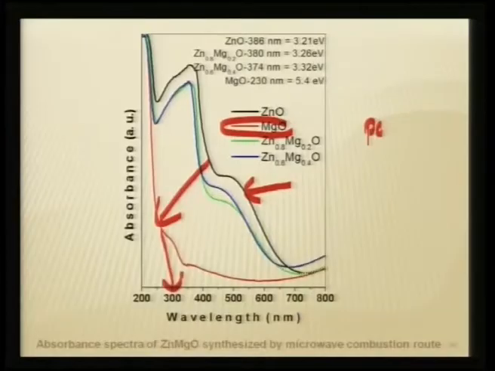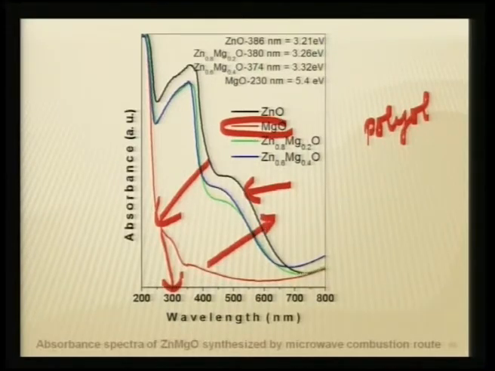And I want to again emphasize this point that in polyol route the band edge is shifting towards the red, and therefore we concluded that there is no proper substitution of magnesium, whereas in microwave combustion case we see, because of the exothermicity of this reaction, and also because this is an instant combustion reaction, and also because it is a fast quenching reaction, you are able to principally stabilize a metastable phase.